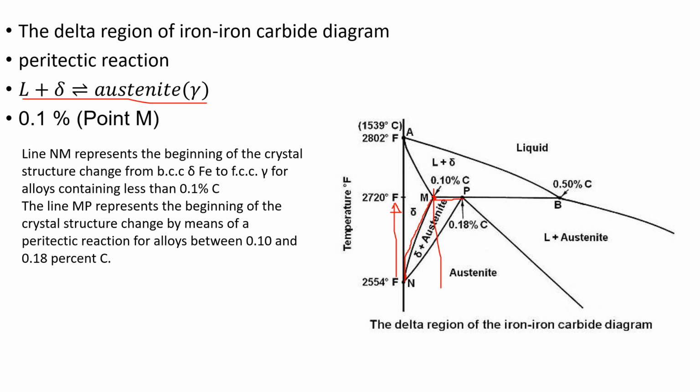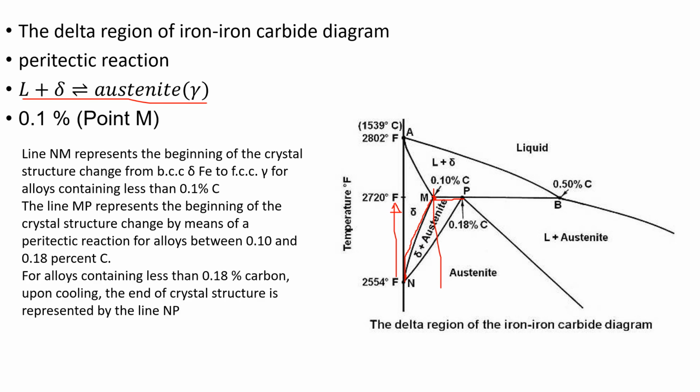This is the line MP, in which the carbon content is from 0.1% to 0.18%. All those alloys are formed between these percentage compositions of carbon. For alloys containing less than 0.1% carbon, upon cooling, the end of crystal structure change is represented by the line NP.